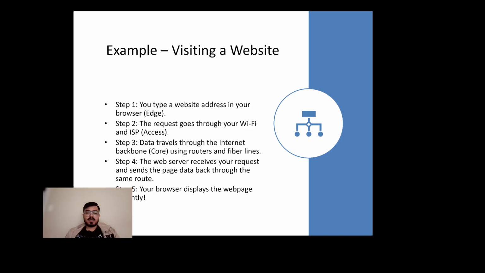The request travels through routers in the internet core to reach the Amazon server. The server processes your request and sends the page data back. Your browser displays the Amazon homepage instantly. All this happens in less than a second thanks to the power of internet architecture.